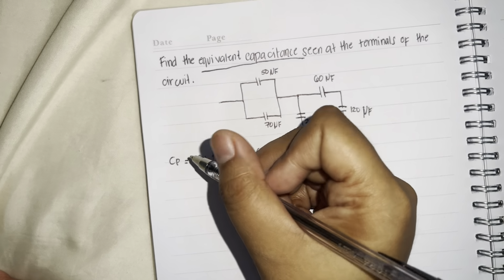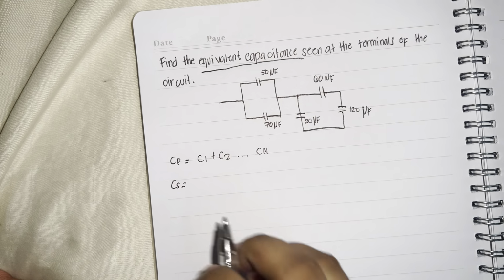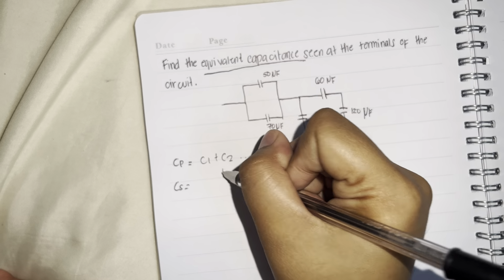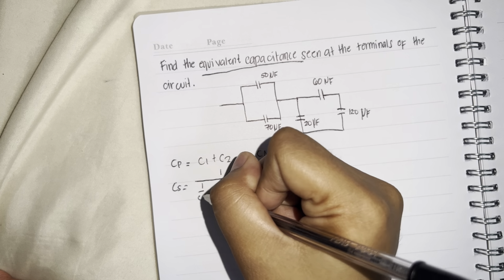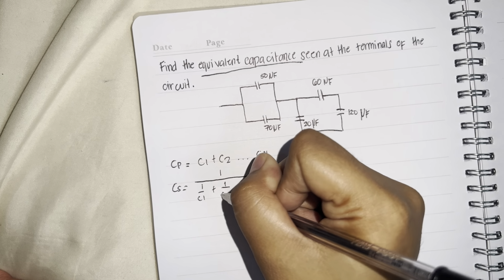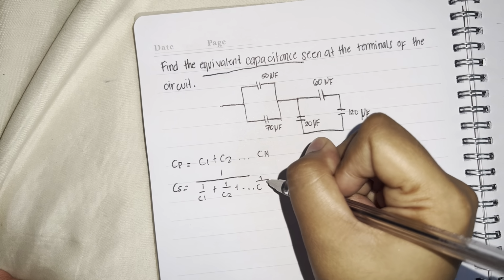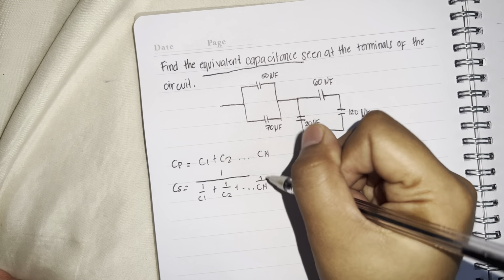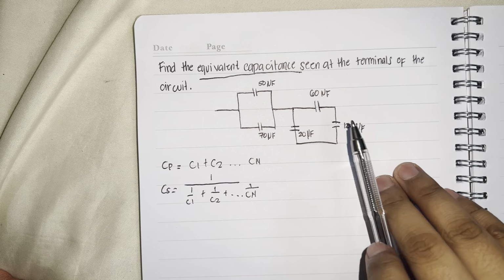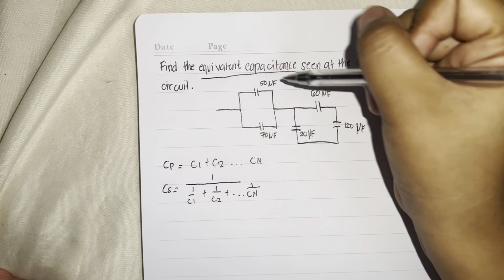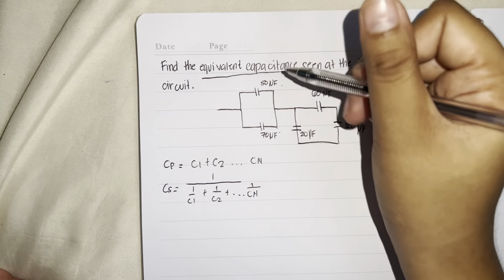And if in series, we will use this equivalent series formula: 1 over the sum of 1 divided by C1 plus 1 divided by C2 plus ... 1 over Cn. As you can see in the circuit, this one is parallel, so we will solve this one.